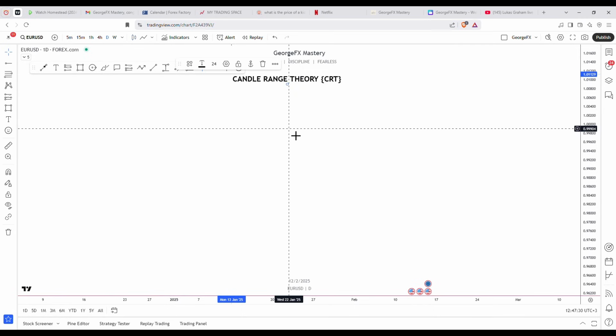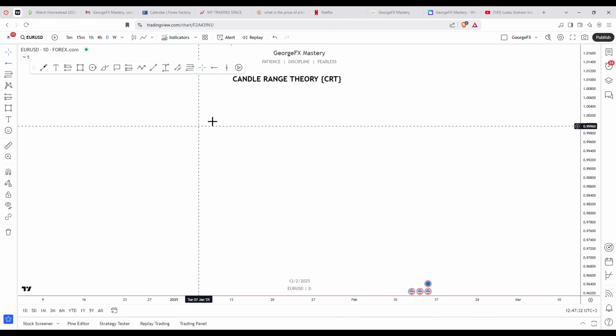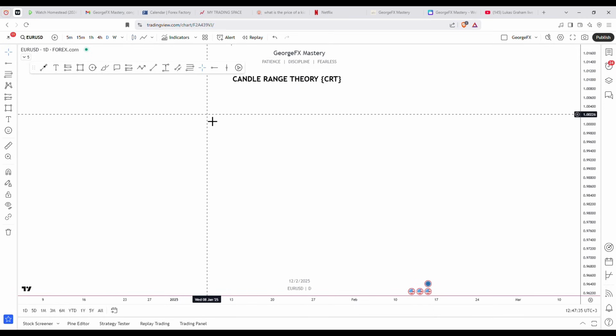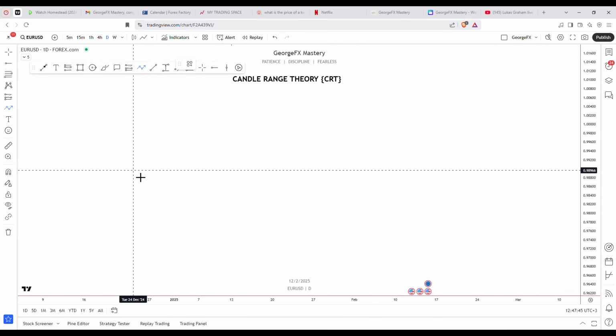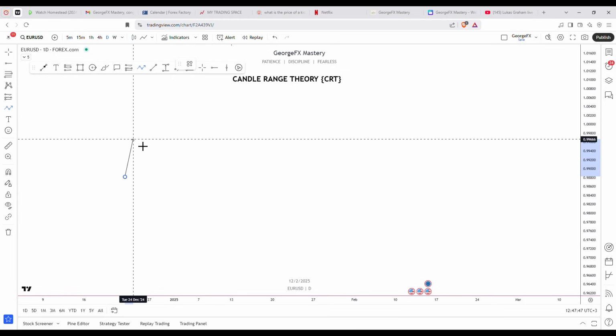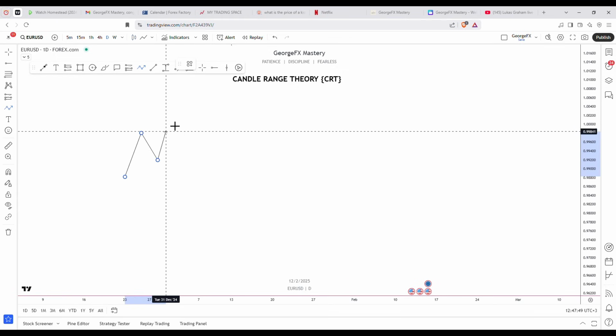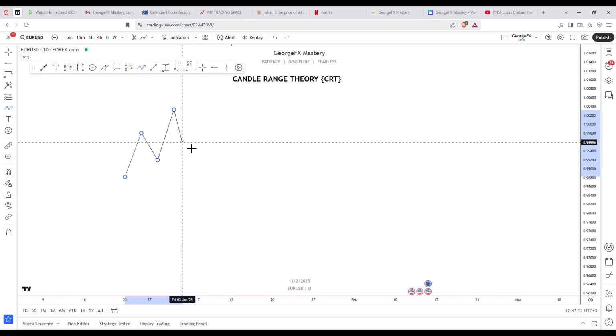First things first, the candle range theory is basically a theory based on liquidity sweeps, buy side liquidity and sell side liquidity sweeps. I'm assuming by now you all know what liquidity is and how to trade it.